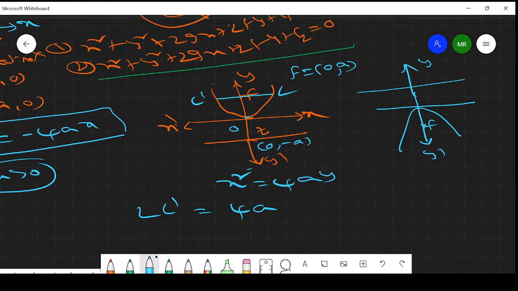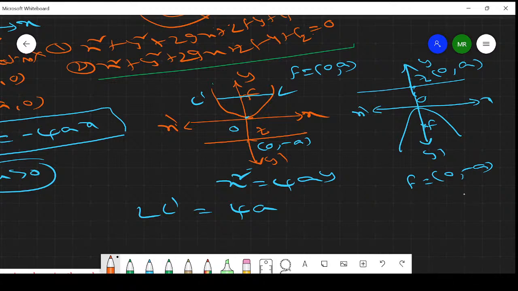F and Z will interchange here: Z will become (0, a), and F will become (0, -a).